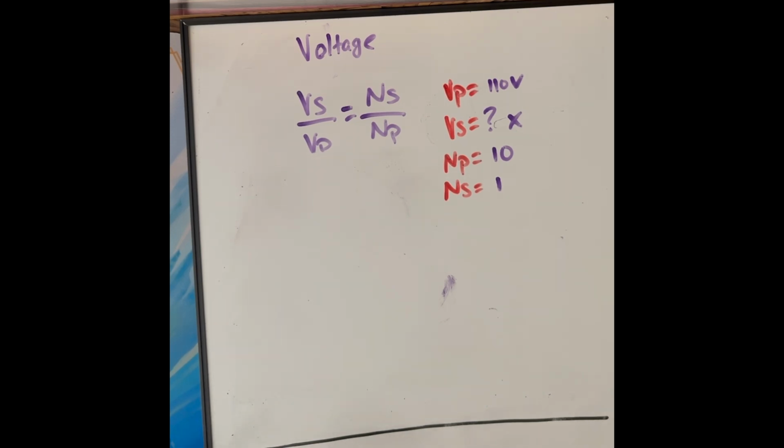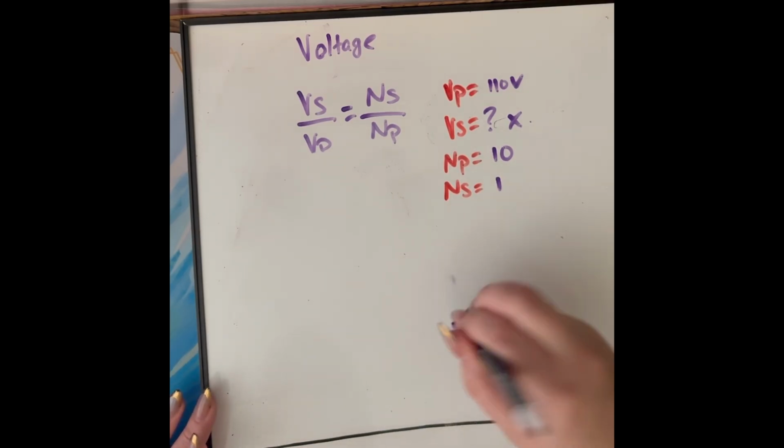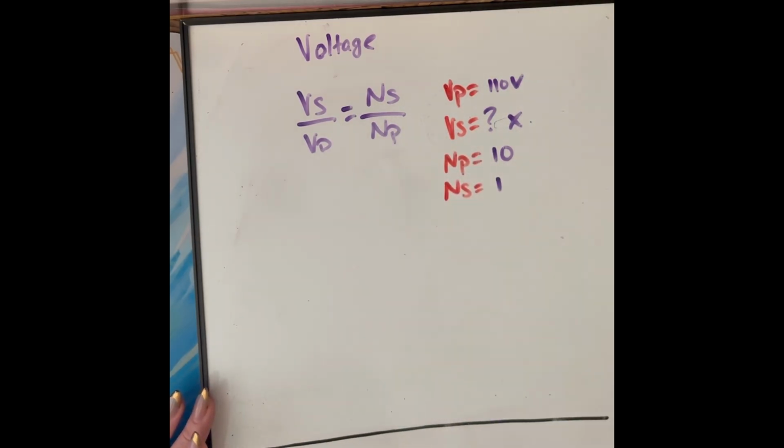On slide 75, problem number one, it says, what is the output voltage if the primary side of the transformer is 200 turns, the secondary side is 1,000 turns, and the incoming voltage is 110? It can tell us incoming voltage, it can say voltage on the primary side, it can say applied voltage. They all mean the same thing. That's our voltage.